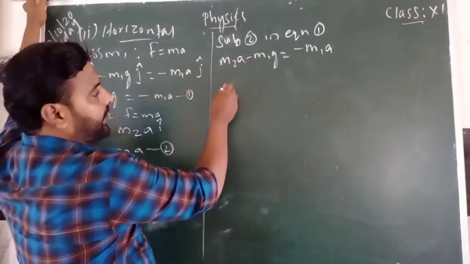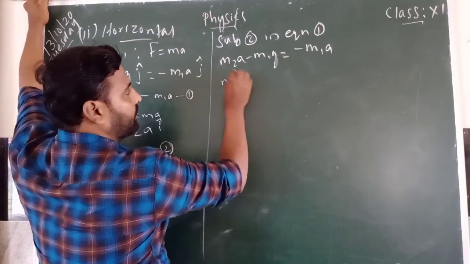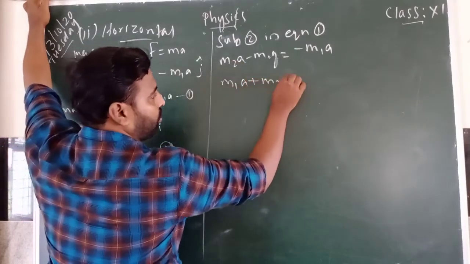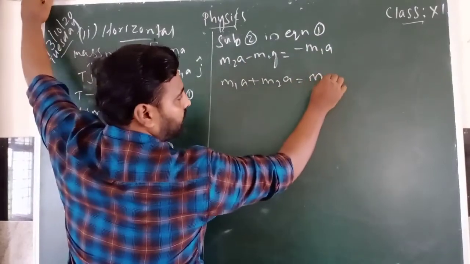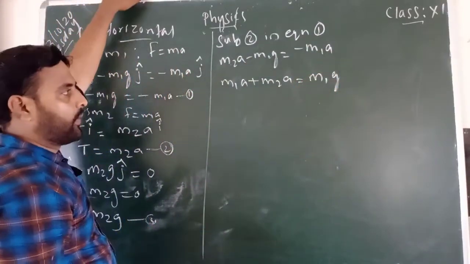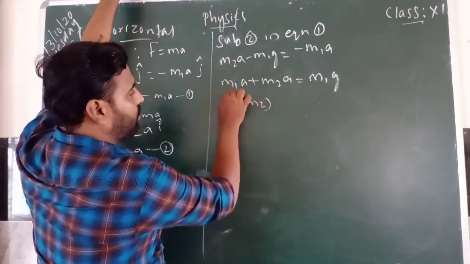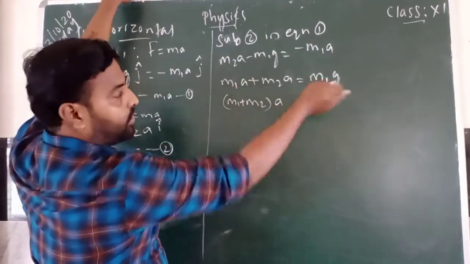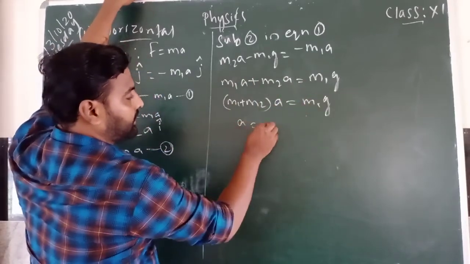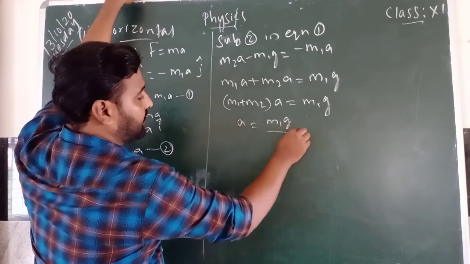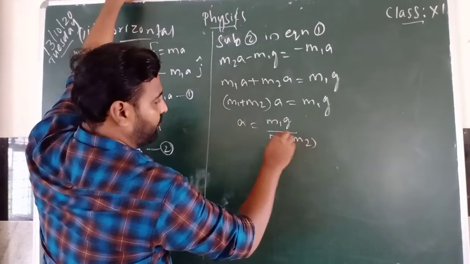Rearranging, M1A plus M2A equals M1G. Taking A commonly outside, (M1 plus M2) A equals M1G, so A is equal to M1G divided by (M1 plus M2).